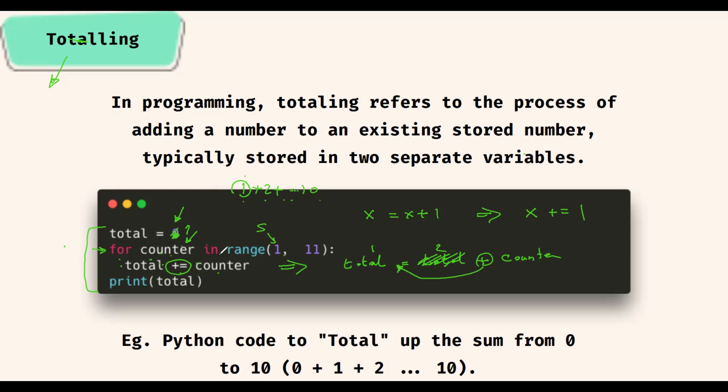So total plus the counter is now 3, and 3 is saved inside total. And so on. You keep adding until you reach 10. So this is the totaling algorithm. This is how we add numbers.